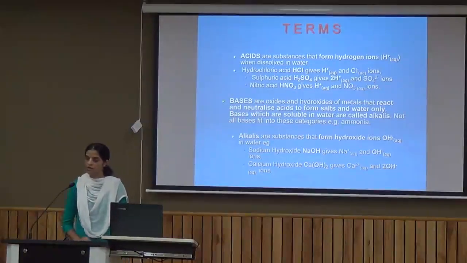In terms of a layman, we can say bases are those substances which produce hydroxyl ions or hydroxide ions when dissolved in water. In this category, those substances among bases which are soluble in water are called alkalis.